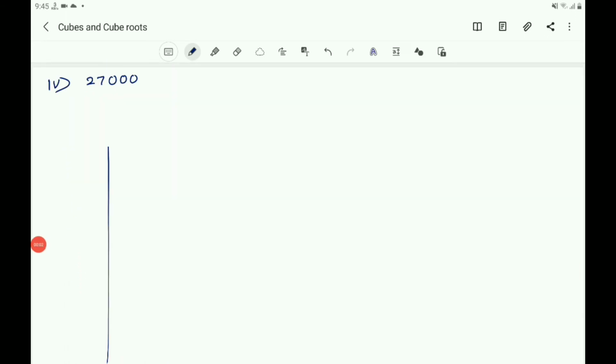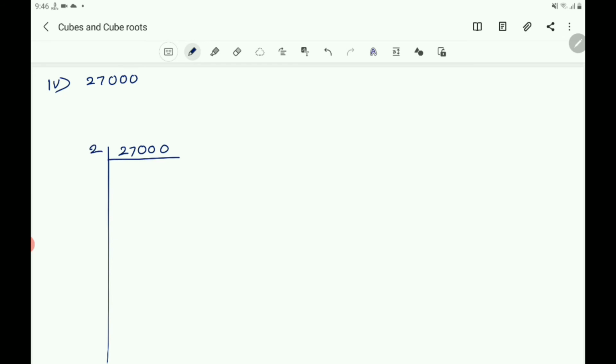Next one is the fourth one. The number is 27,000. Find its cube root by prime factorization method. Take that number 27,000, and you know that it is divisible by 2 as the unit digit is 0. So you divide it by 2.